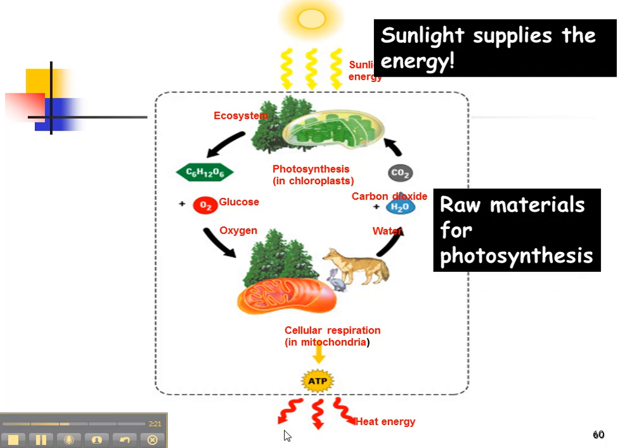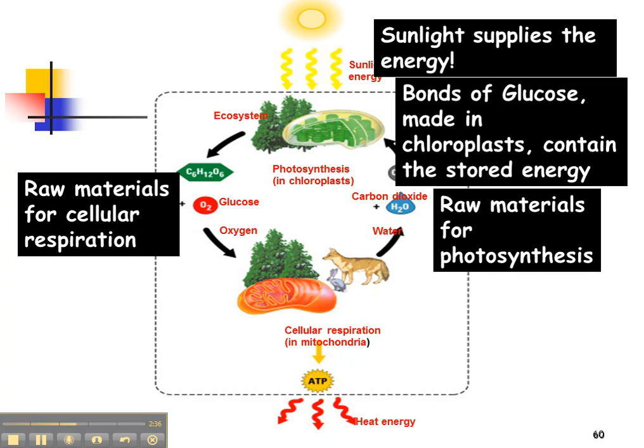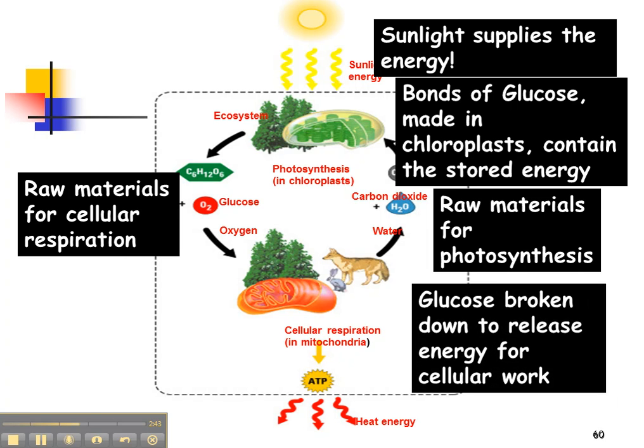So the raw materials for photosynthesis: photosynthesis, to occur, needs carbon dioxide and water. That's what cell respiration gives. So it makes glucose. The raw materials for cell respiration are glucose and oxygen. These are exactly opposite, guys. Just turn the arrow the other way. I'll show you guys that in class.